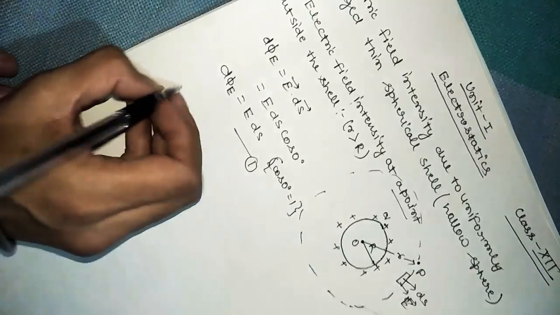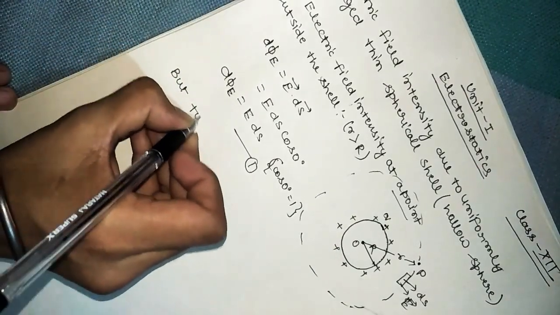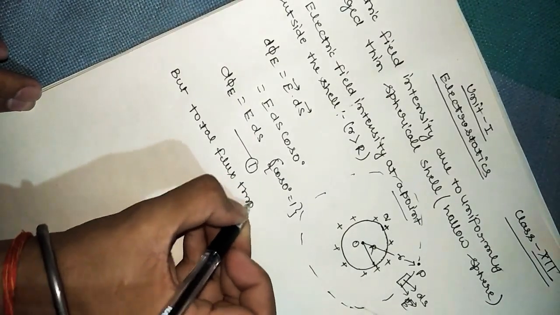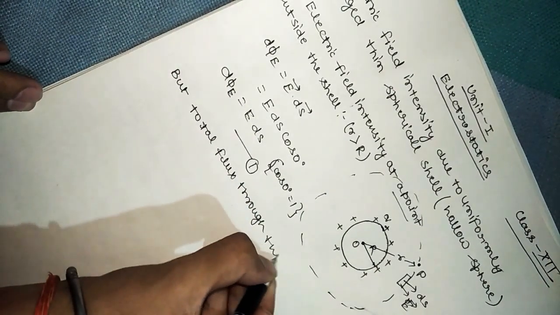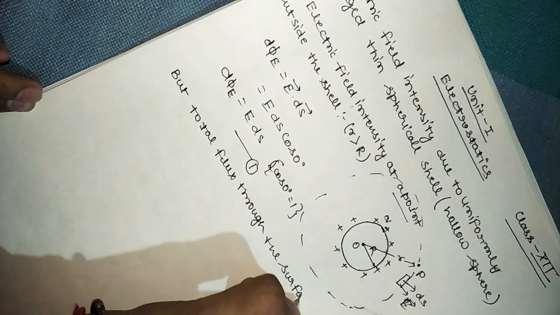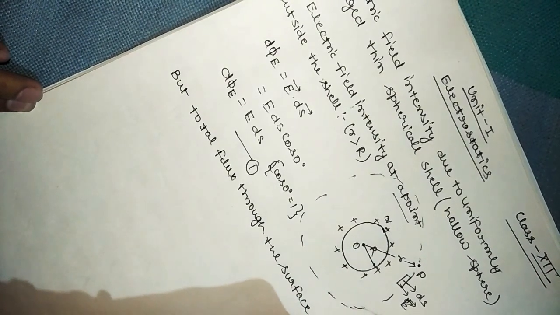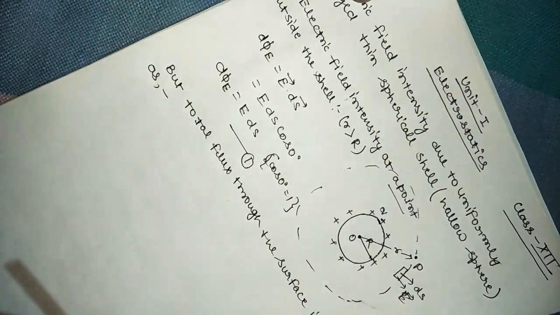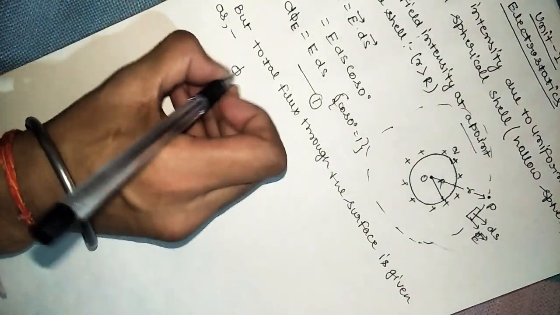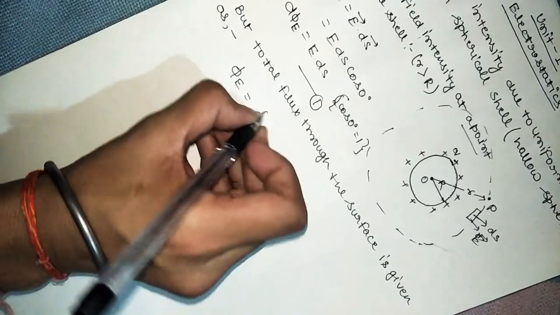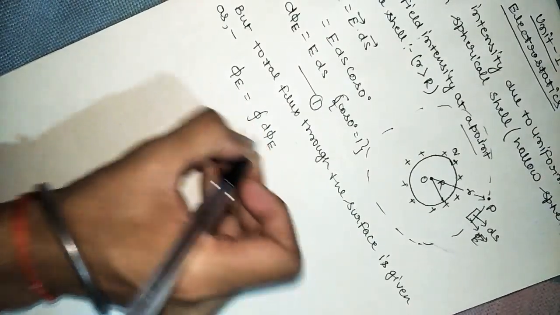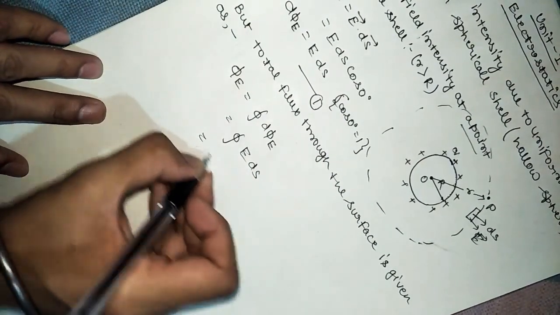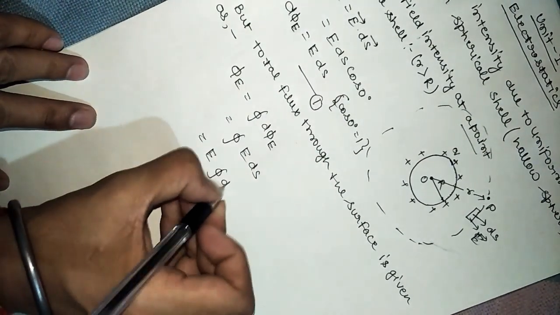This is equation number 1. But the total flux through the surface is given as phi E is equal to the surface integral of d phi. This can be written as the surface integral of E ds, which is E times the surface integral of ds.